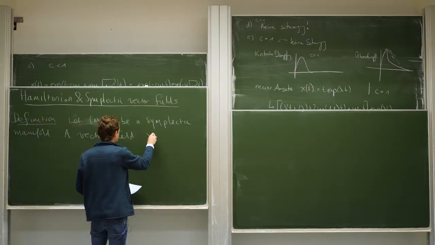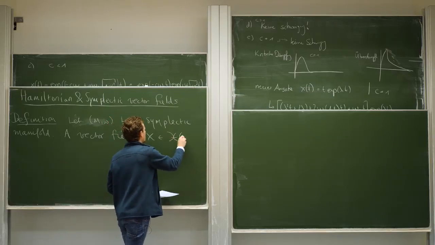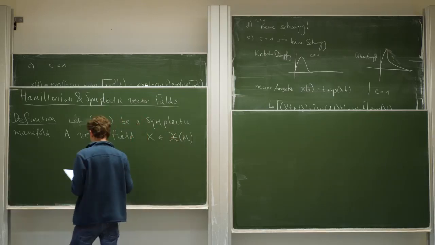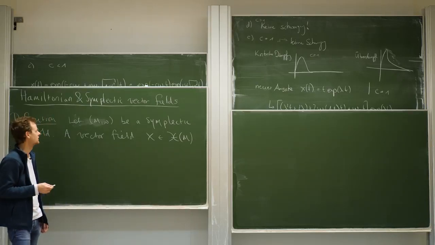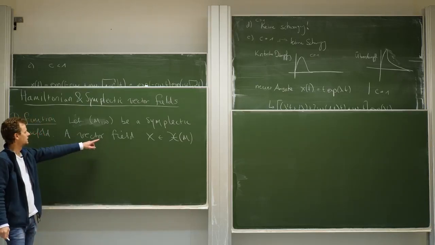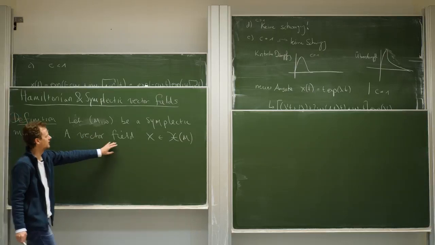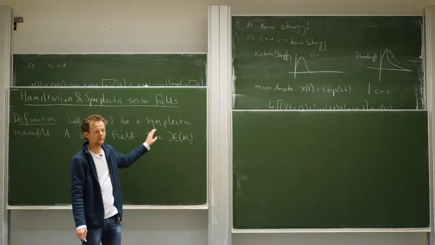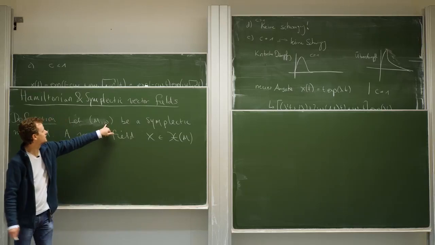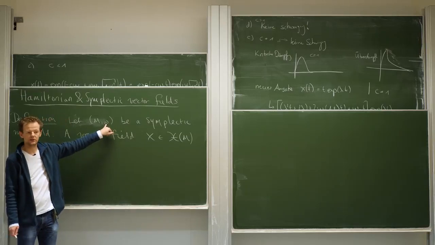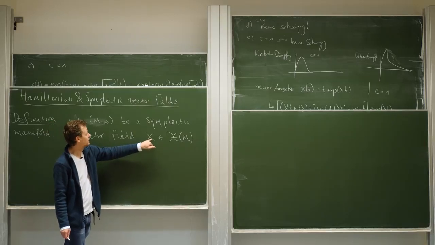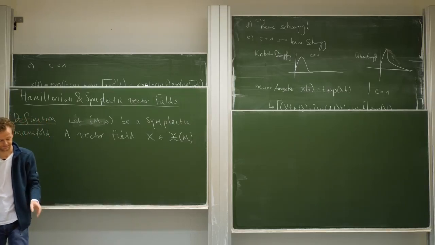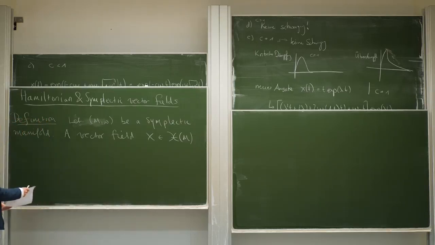So a vector field X on this manifold, well, if it was just a manifold by itself, there's not a great deal we could do. We could introduce various different kinds of vector fields. But when we have extra data of a symplectic form here, then we can ask questions such as, does the flow generated by X preserve the symplectic form? So we're going to give that a special name.